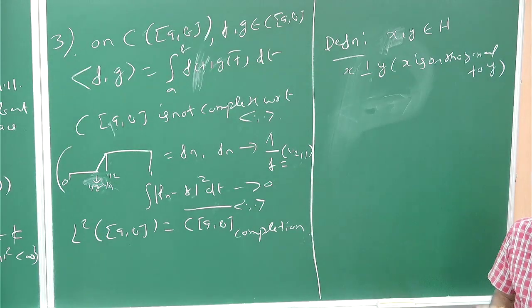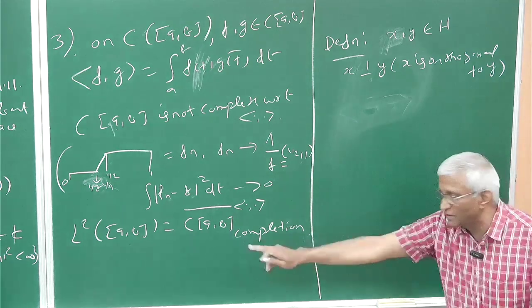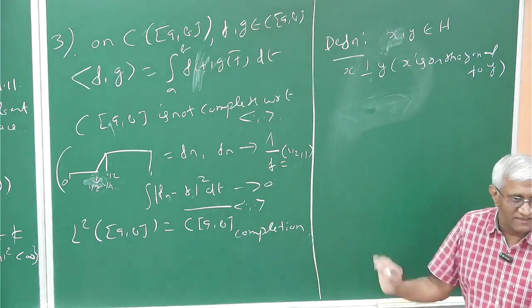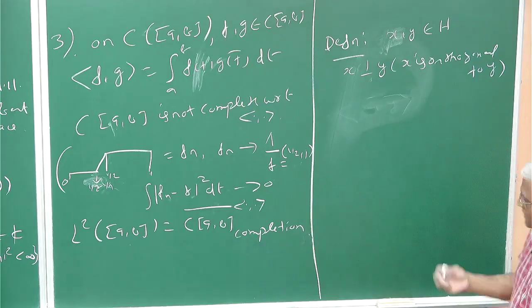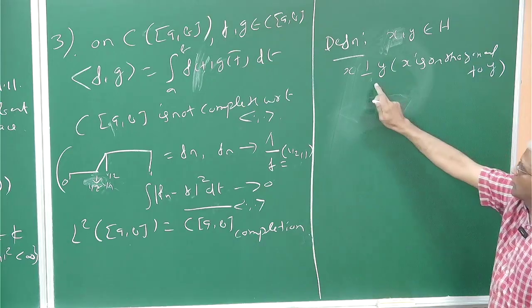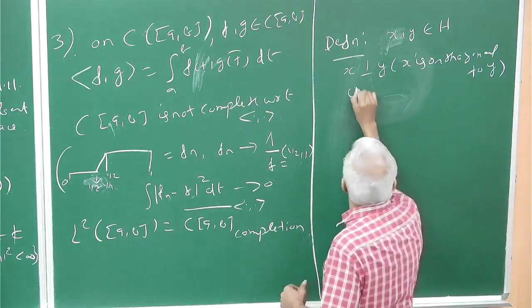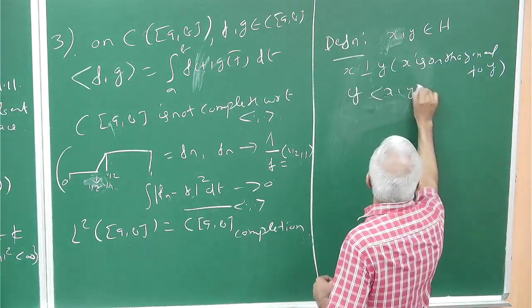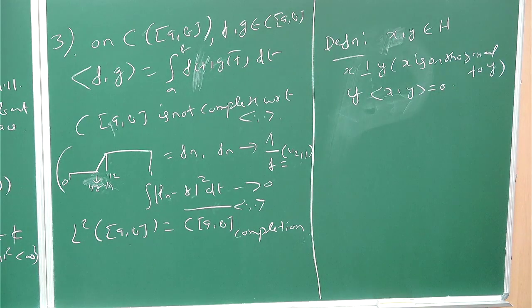It's something like magnitude times cos theta, like a dot product. So orthogonal means they are at right angle. We say two elements x and y are orthogonal if the inner product of x and y is 0.